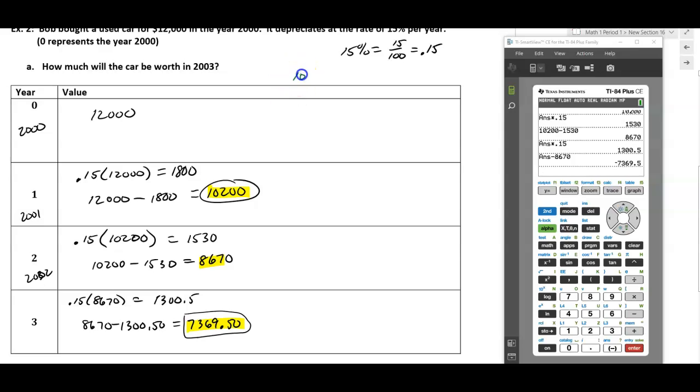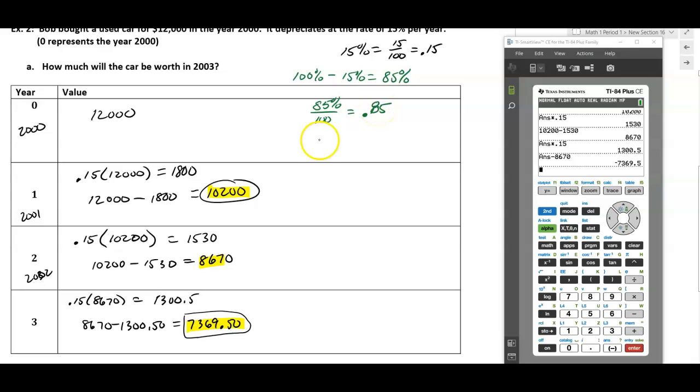Well, if I take 100% and subtract the 15% it's going down, that means that car is holding 85% of its value every year. So how do I convert 85% to a decimal? I divide it by 100, and it's 0.85.